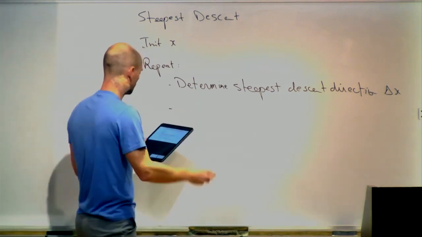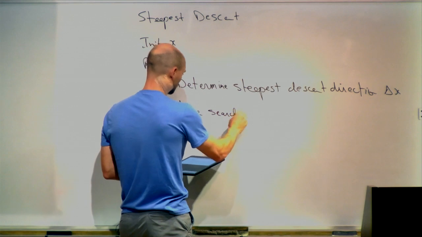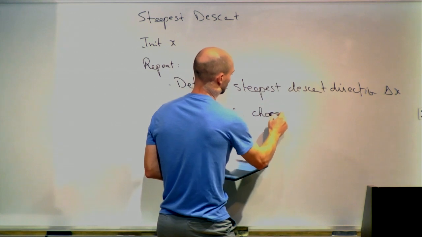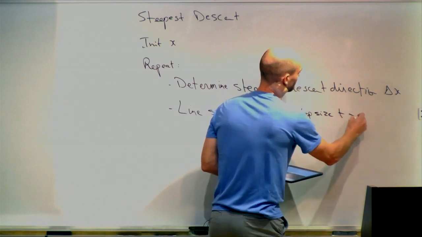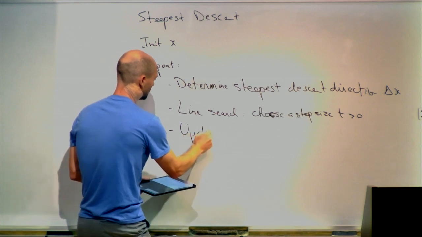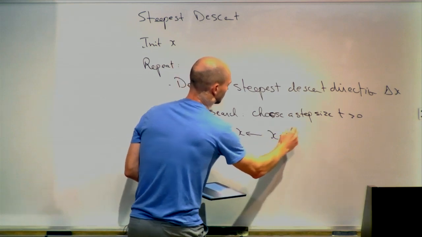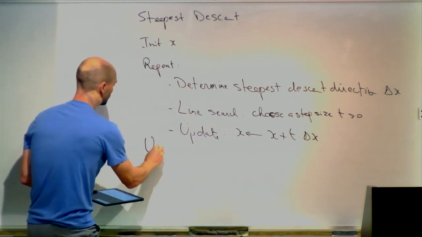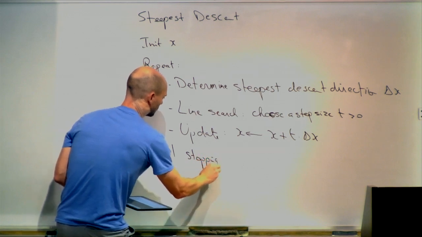So we don't want that. So then you do a line search, which means choosing a step size t bigger than 0, because you want to go in the direction of steepest descent. And then we update x becomes equal to x plus t times delta x. And we do this until some stopping criterion is satisfied.